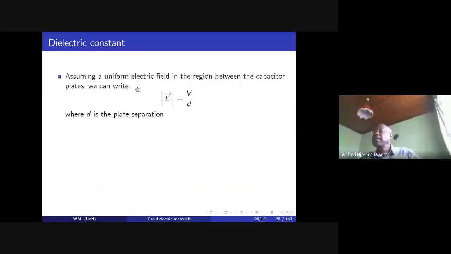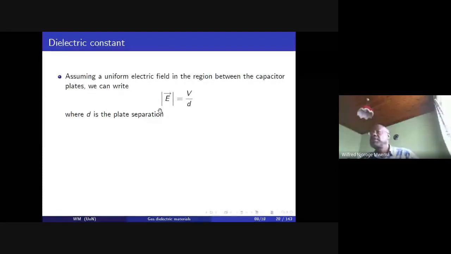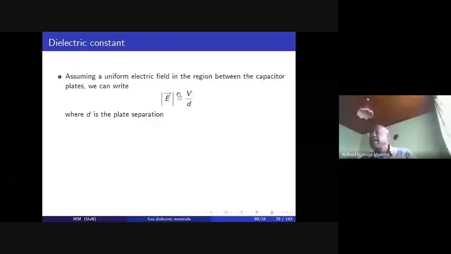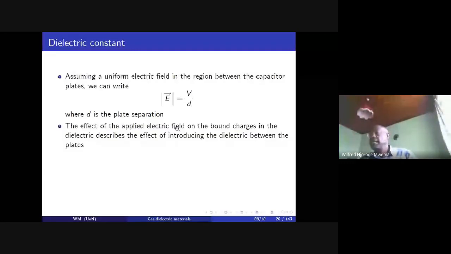If we assume a uniform electric field in the region between the capacitor plates, then we can write that the magnitude of the field is going to be given by V over D. The electric field acting on the bound charges in the dielectric will then describe the effect of introducing the dielectric between these plates.